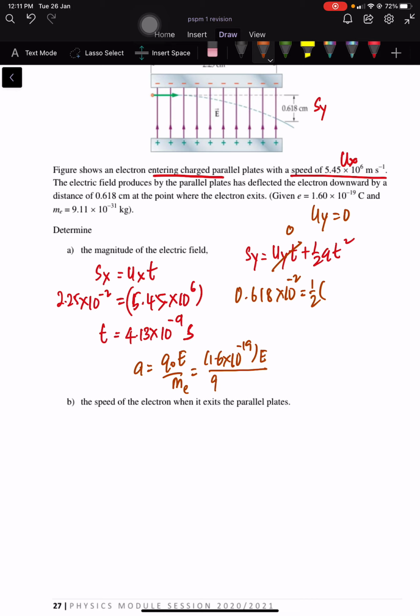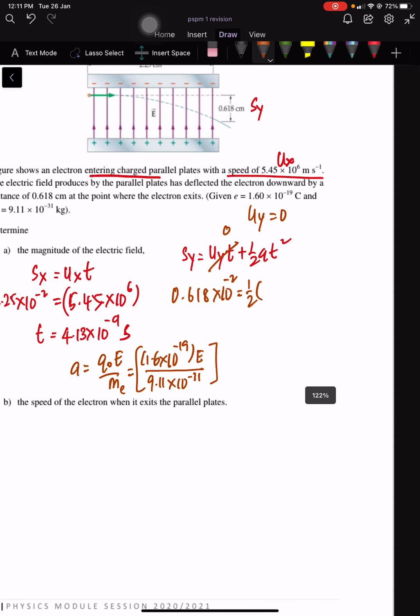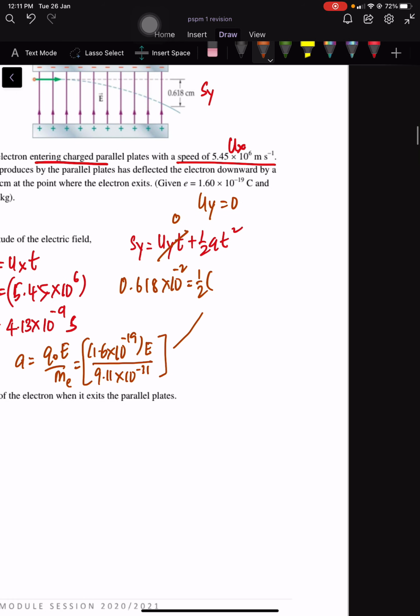Okay, mass of electron is 9.11 times 10 to the power of negative 31. Okay, this value we substitute in A. So substitute in this.